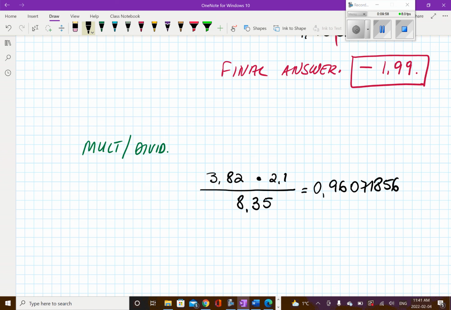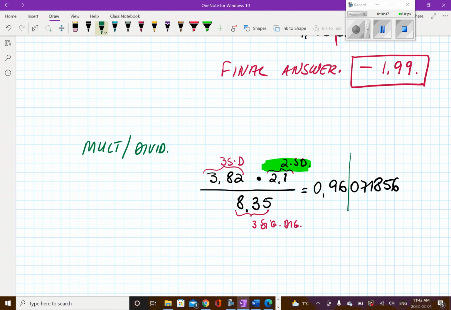However, in our information, the first number has 3 significant digits, the second one has 2 significant digits, and the third one, part of the calculation, has 3 significant digits. The lowest number of significant digits in our calculation is 2, so the final answer will be expressed in 2 significant digits.